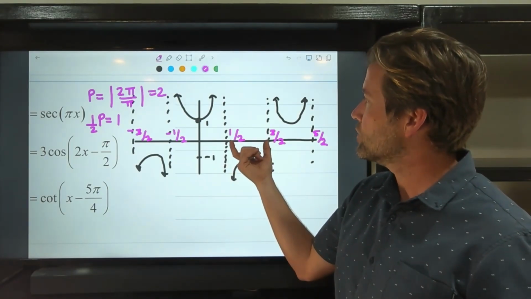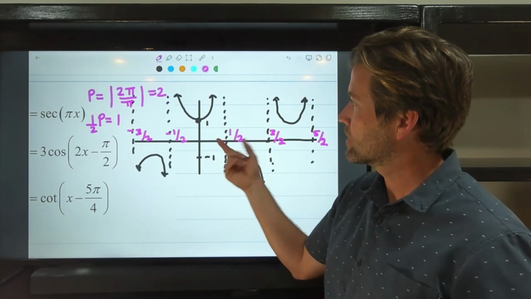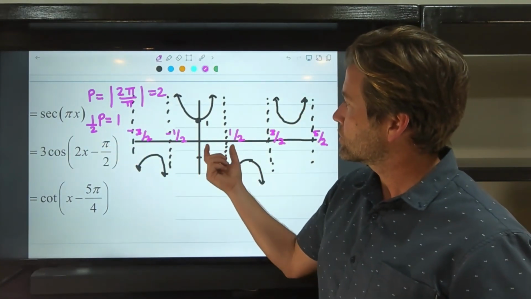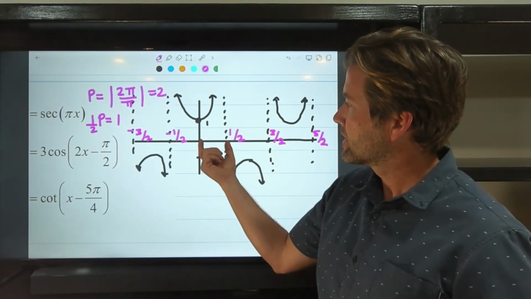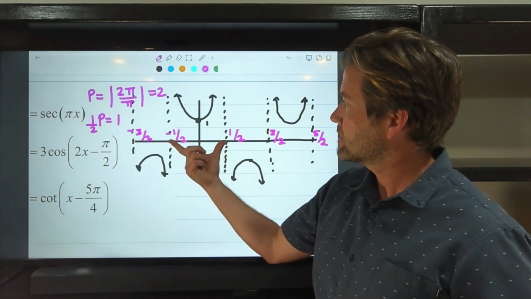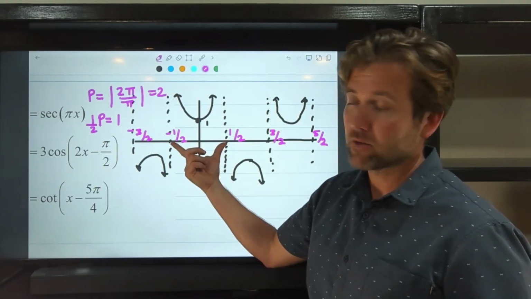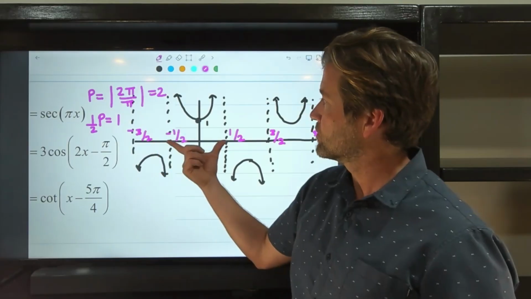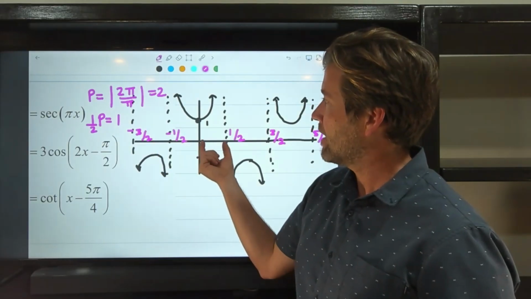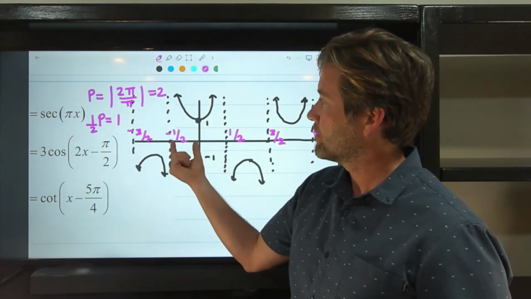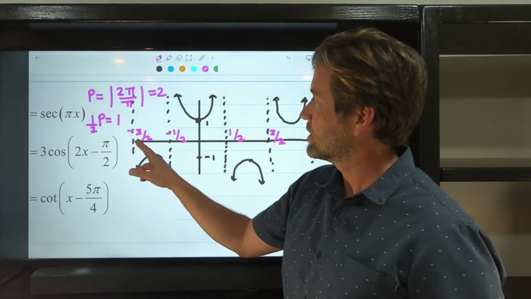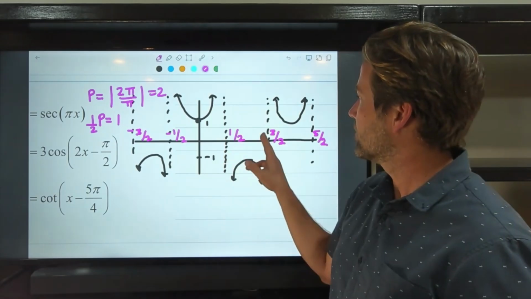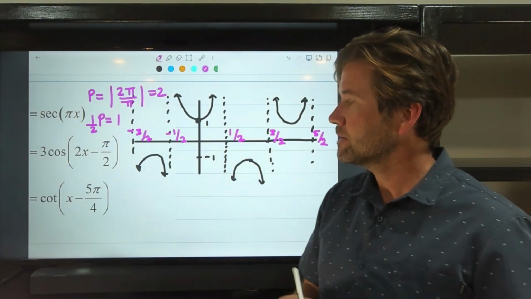These are 1 unit away from each other. That's half the period. If you weren't sure, from this asymptote to this asymptote is half of the period, which is a value of 1. So this is 1 here. That's half of 1. This is the other half. So notice that each asymptote is 1 unit away from the next one. Okay.